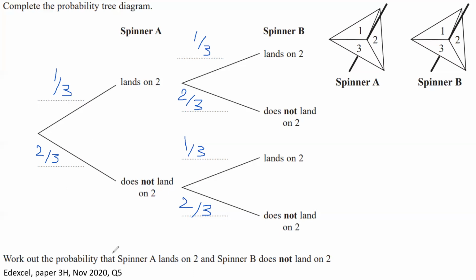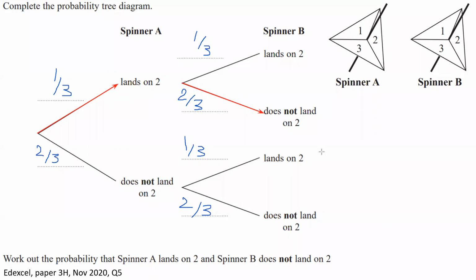So the next part of the question asks us to work out the probability that spinner A lands on a 2 and spinner B does not land on a 2. So what we're going to do is go down some of these different branches. We know that spinner A needs to land on a 2, so we're going to go down this branch to get to land on a 2 for spinner A. And then we've been told that spinner B does not land on a 2, so we'll now be going down this branch here to get to the one that does not land on a 2.